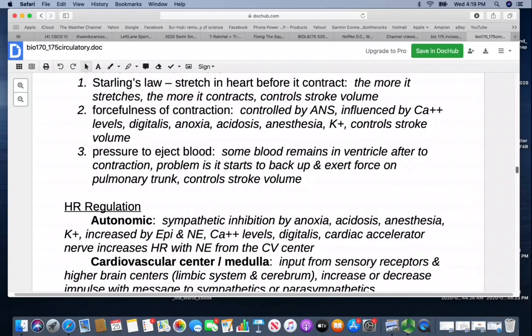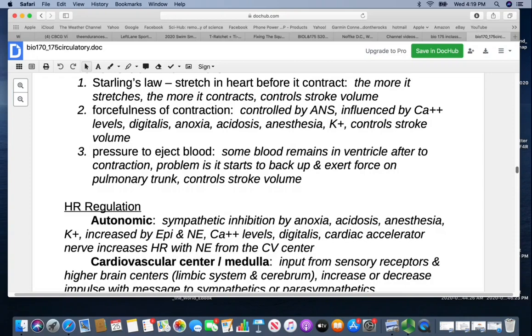Then it starts to back up, and eventually it's going to exert force on the pulmonary trunk. So this is what would happen with congestive heart failure, is the blood starts to back up into those other tissues, and then those blood vessels are going to start to ooze out some of the fluid from there, and you're going to have fluid in the lungs and edema or fluid in the tissues.